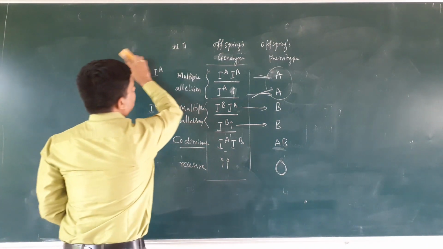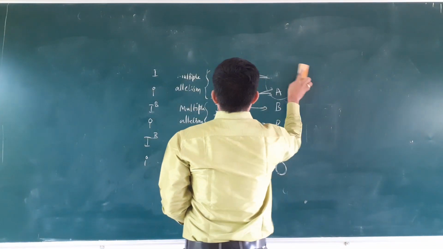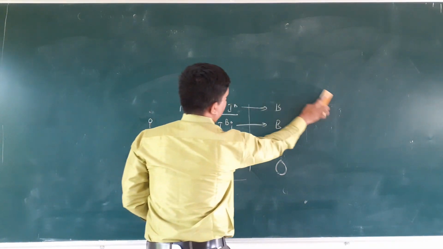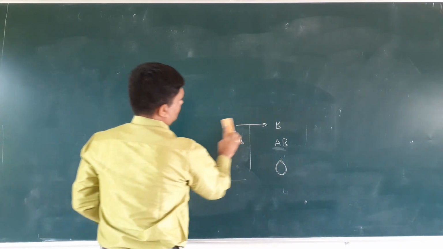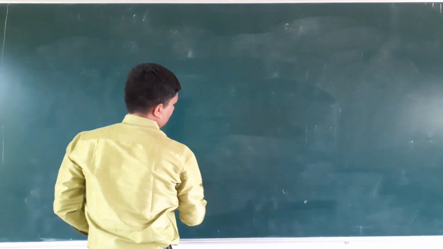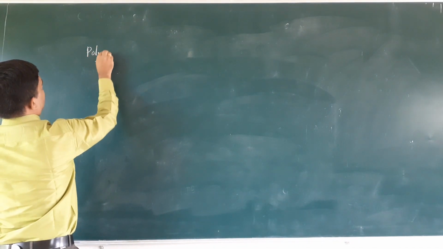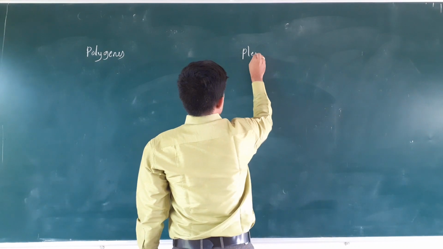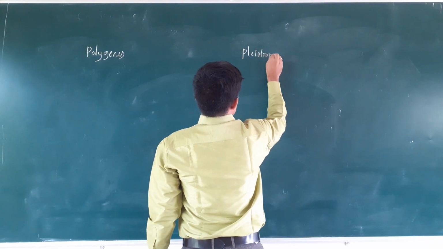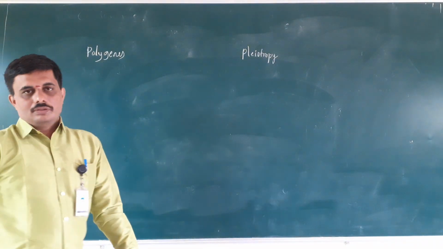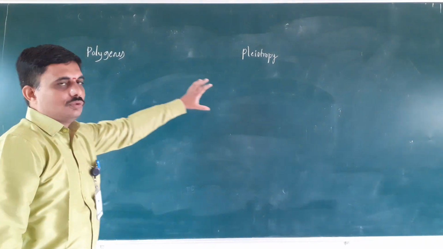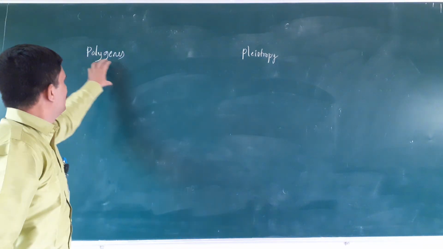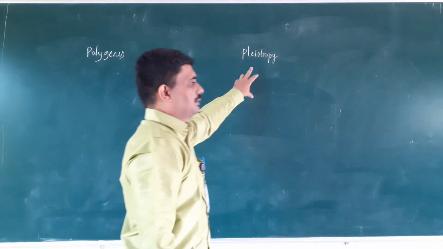Next, we are going to learn about 2 things: polygenes and pleiotropy.